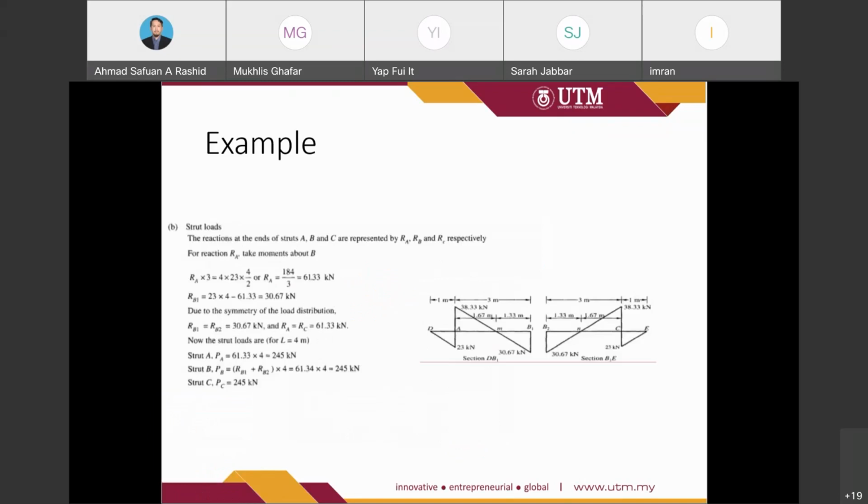Okay. So to solve the problem, the reactions at the ends of struts A, B, and C are represented by RA, RB, and RC respectively.